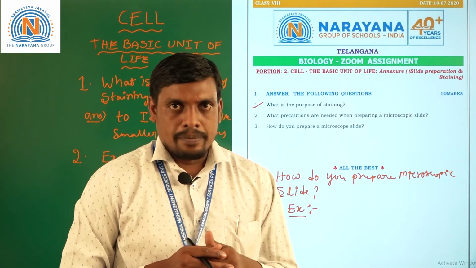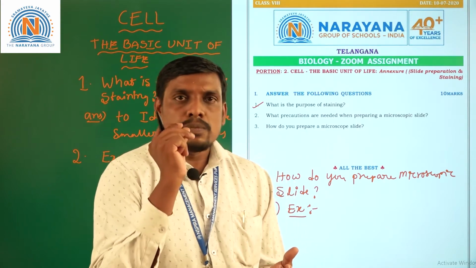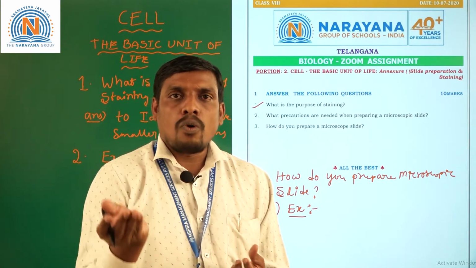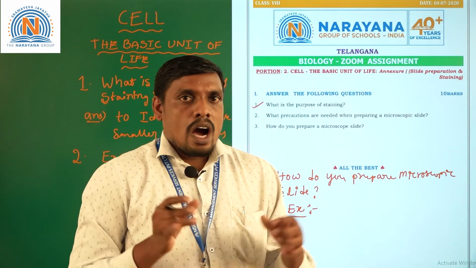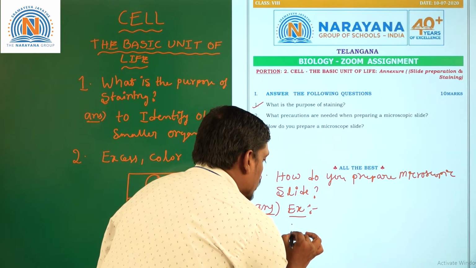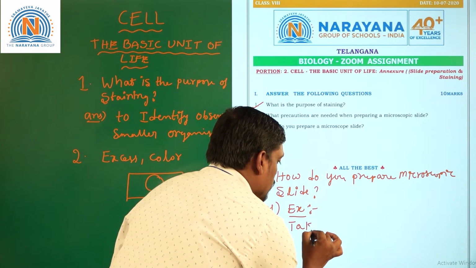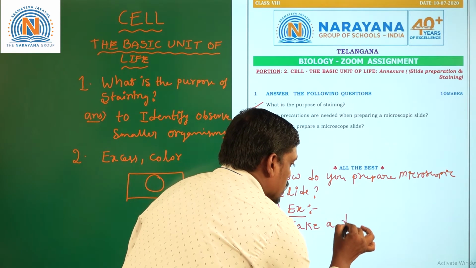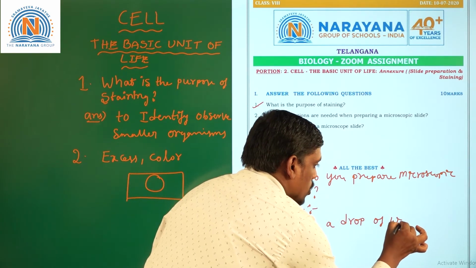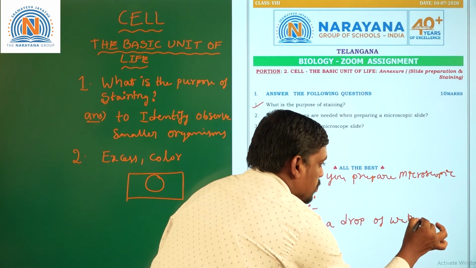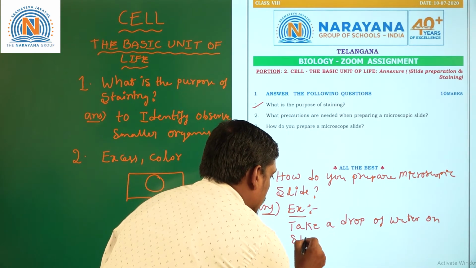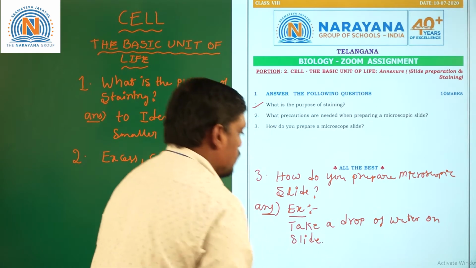First, collect some water sample from stagnant water, or from a pond or stream. After collecting it, take a drop of the sample on a microscopic slide or glass slide.